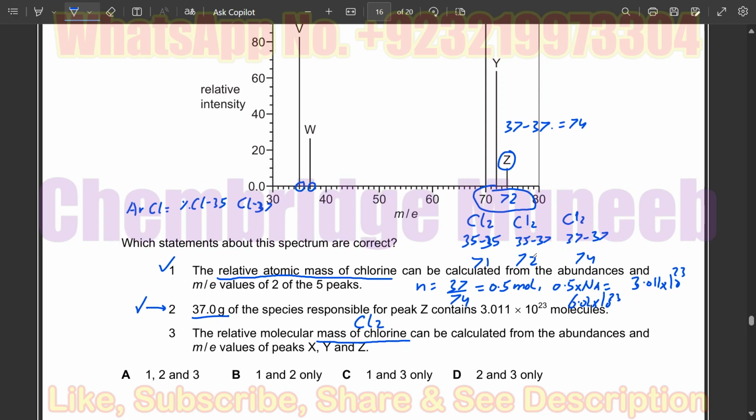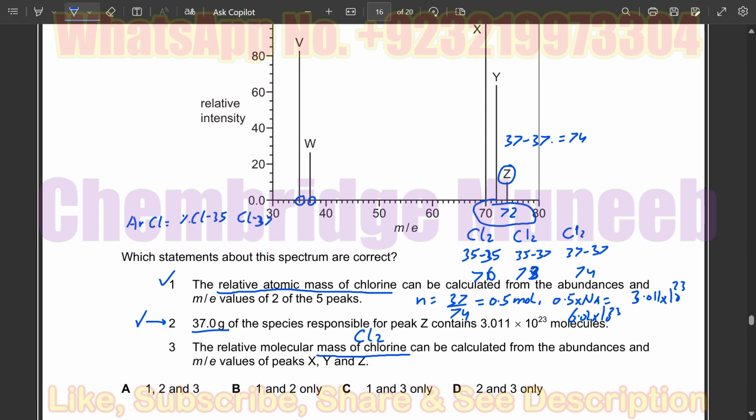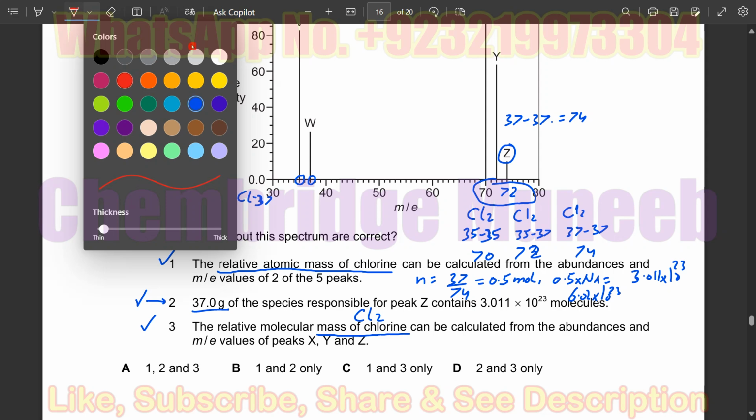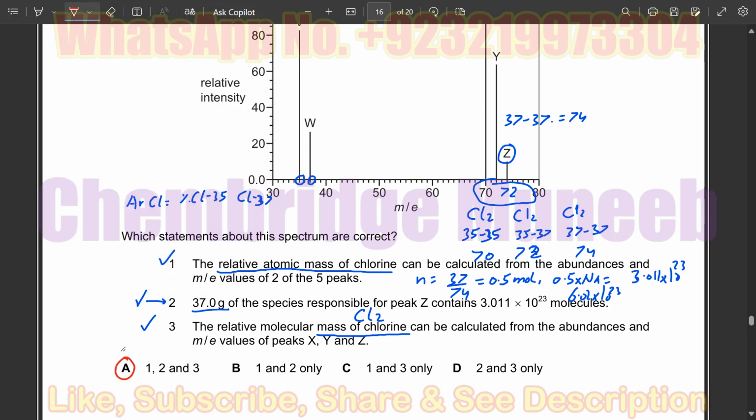So we have 70, 72 and then 74. So yes, we can find this as well. In this way, the third option is also right, which means all the options are correct. So A is the right answer.